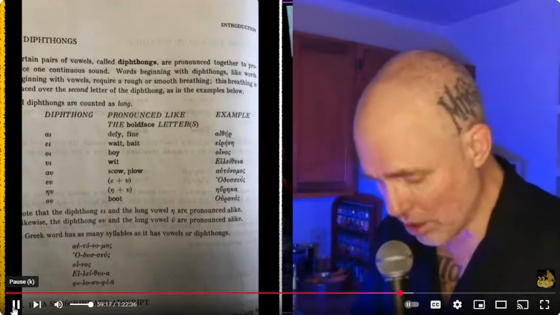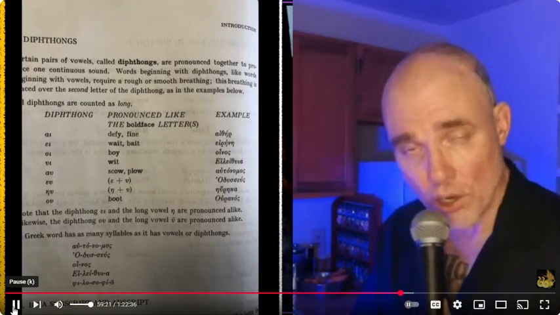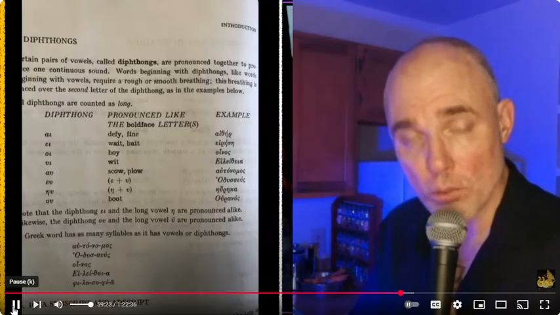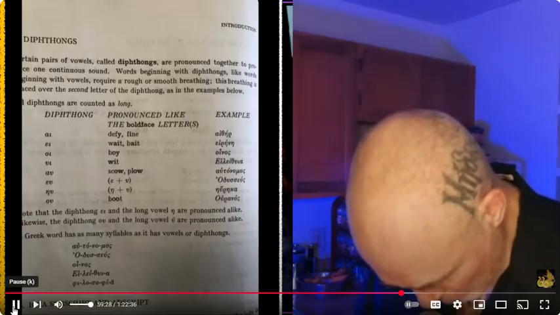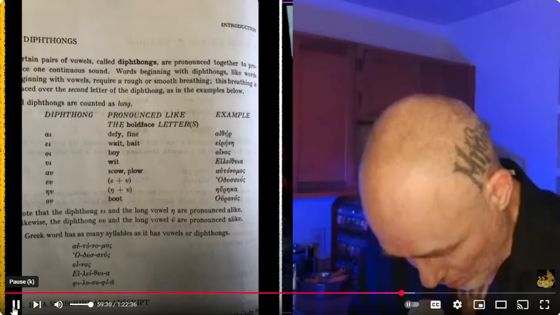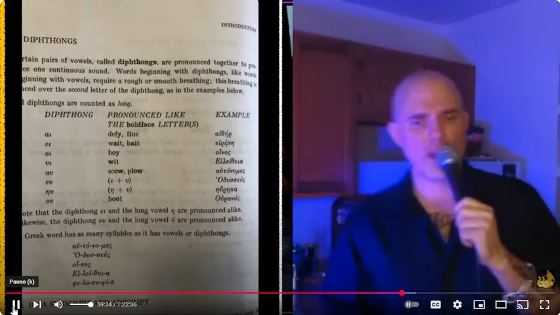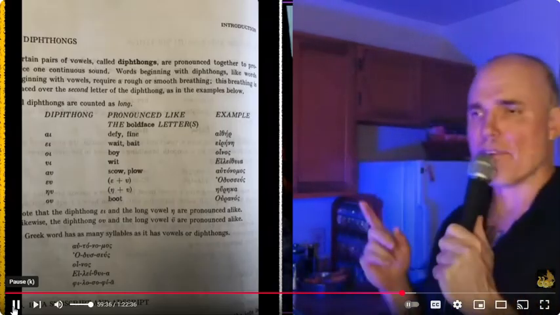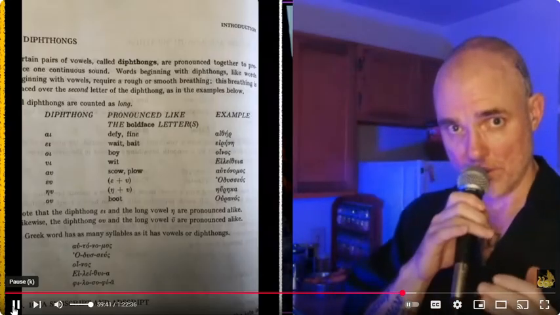What vowels are we talking about? Alpha, epsilon, eta, iota, omicron, upsilon, omega. I'll say that one more time. Alpha, epsilon, eta, iota, omicron, upsilon, omega. 7 vowels. Those are the 7 spheres of the cosmos.